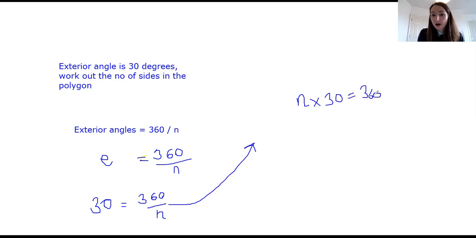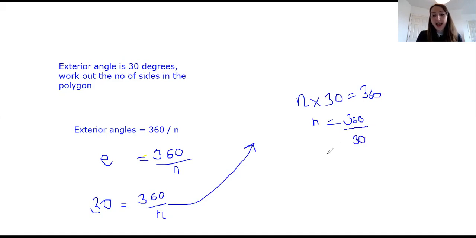Because our laws of algebra say to get rid of this, we've got to bring it up to the other side and we do the opposite, we flip it. So it goes from a division here, divided by n, to a times by n here. Now we don't want n times 30, we just want n by itself. And so our rules of algebra say if we've got our 30 on this side and we're timesing it by 30, we want to divide it on 30 on the other side.